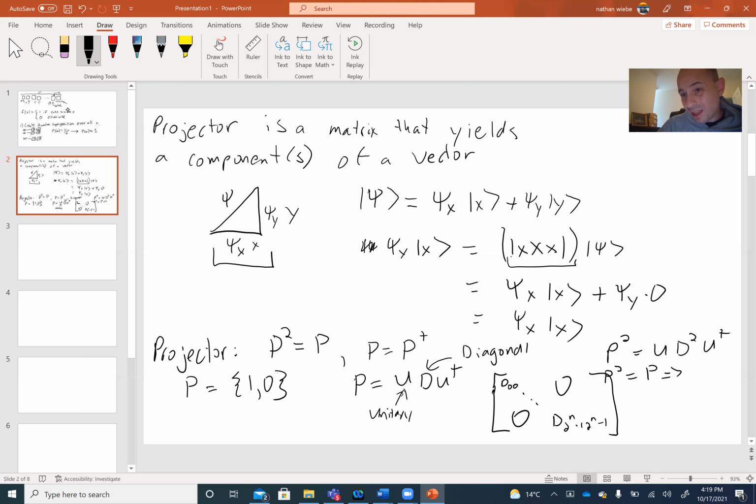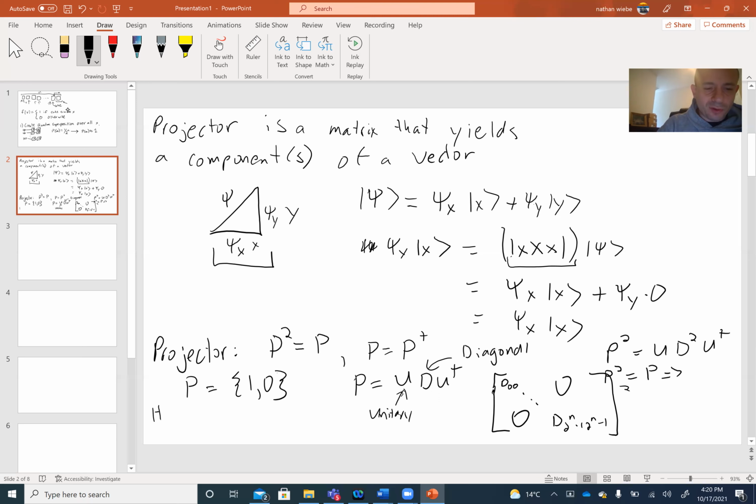Well, the only way that we could get this matrix squared equal to itself is if all of the matrix elements on the diagonal are 1 or 0, because those are the only two numbers that when squared equal themselves. So therefore, the eigenvalues for this are 1 and 0.